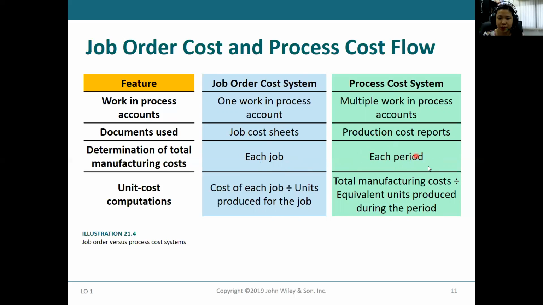How do we find the unit cost for job order costing? We take the total cost of the job and divide by how many units we produced for that job. That will give you how much it costs per unit. For the process cost system, we do the same. We take the total manufacturing cost, but we divide by the equivalent units produced during the period.